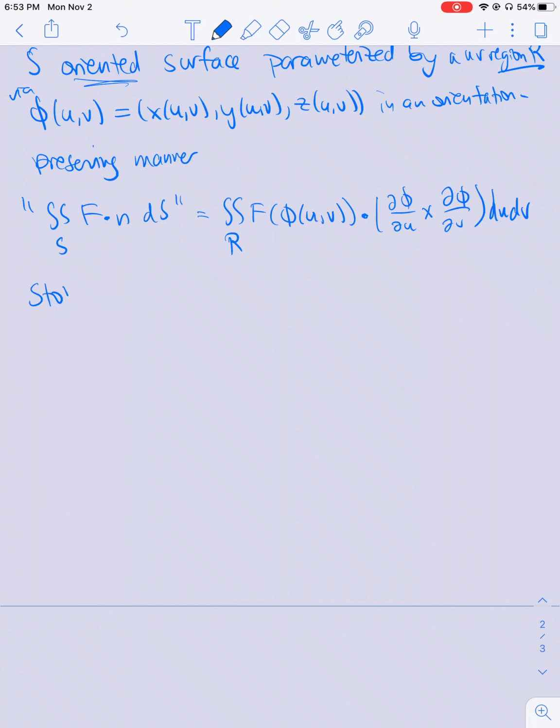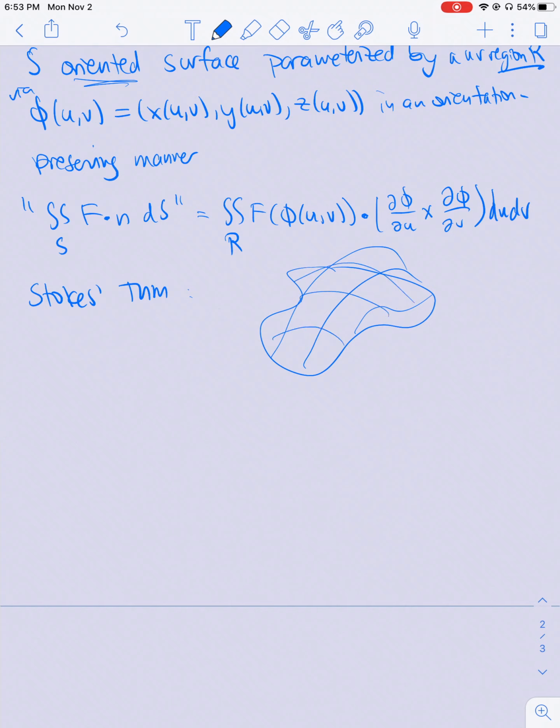So Stokes' theorem is a theorem that relates integrals of curls to line integrals. If I have some surface S that's maybe like a blob in three-dimensional space, and it has an orientation, say the first vector goes that way and the second vector goes that way, then this determines an orientation on the boundary.